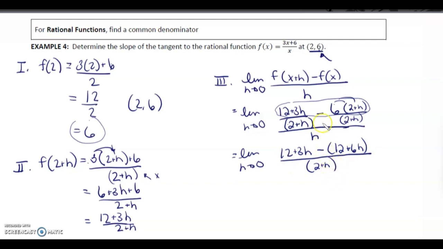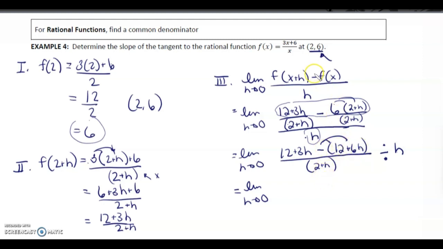Now, I'm going to give you a trick about this divided by h. I actually bring it over to the side and write divided by h beside this. Okay, so the limit as h approaches 0, I'm going to show you what to do with this in a second. We're going to distribute this negative sign into that second bracket.